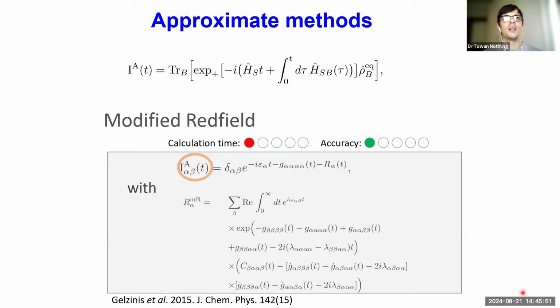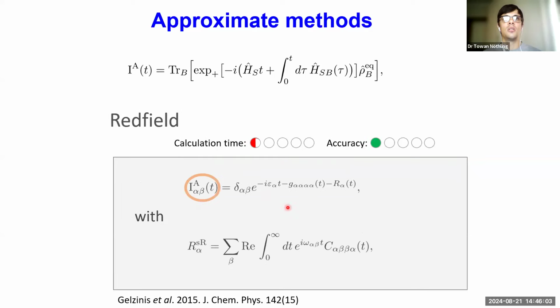We can also calculate approximate spectra using the modified Redfield method, which is fast but inaccurate. Or we can calculate using the Redfield method, which is even faster and also not very accurate. So in the next lecture, I will consider this method in more detail.